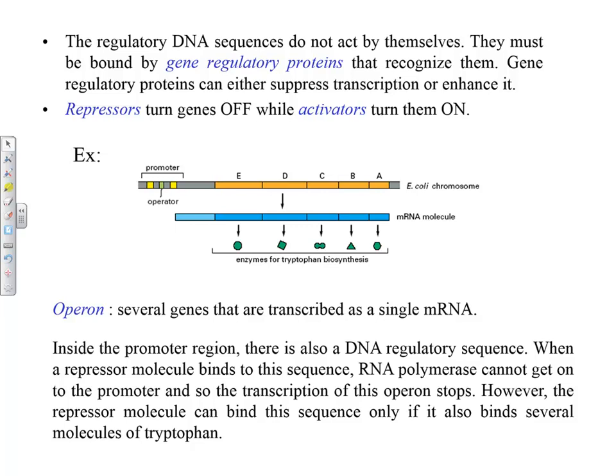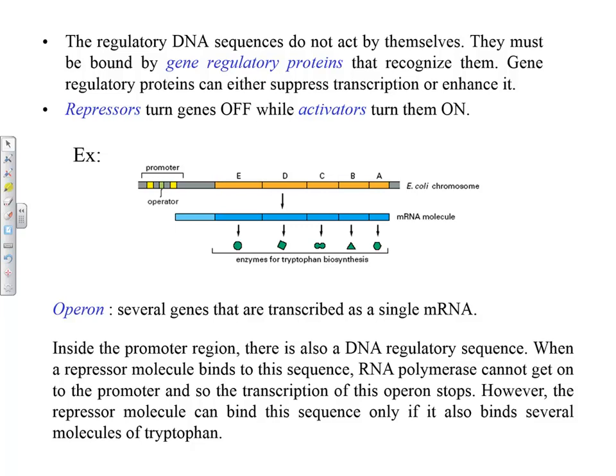So this is an example of that. This is the E. coli chromosome, and you have A, B, C, D, E. These are the DNA sequences that will produce this messenger RNA. When you translate these, you get the different enzymes needed for synthesizing the amino acid tryptophan. RNA polymerase has to get onto this promoter region and start transcription.